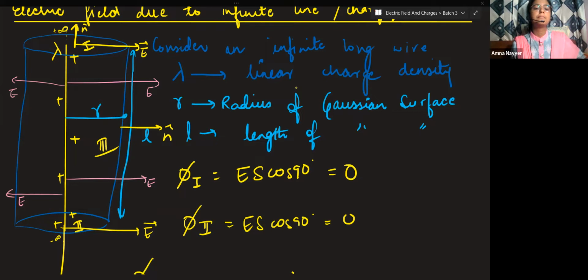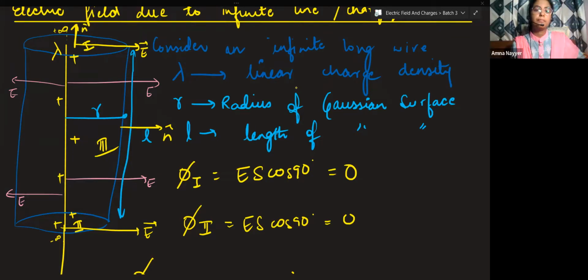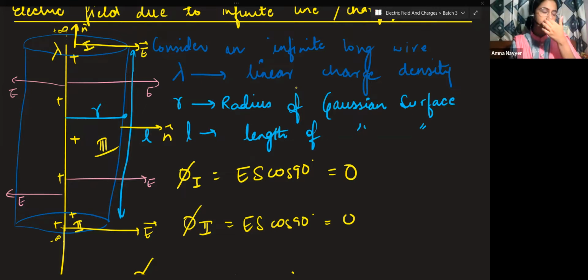Lambda will be equal to what? To the charge per length. Check in your notes, where you had written for continuous charge distribution. You must have written linear charge density lambda, which is equal to what? Just check it. You will be able to remember it now.